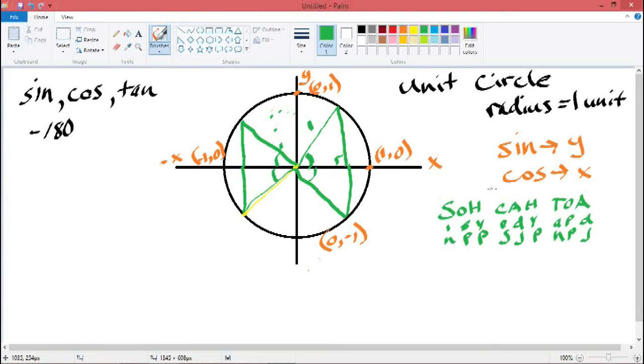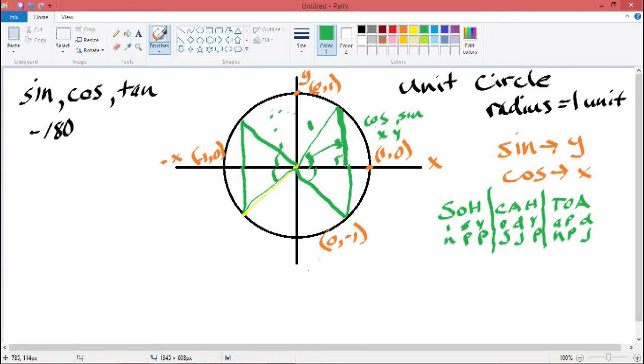So if you were to go opposite from here over hypotenuse, anything divided by 1 is itself. Opposite over hypotenuse is sine. So that means sine is like your y value. All you have to do is look over here, and remember, just like the regular Cartesian x, y, x is cosine, y is sine.